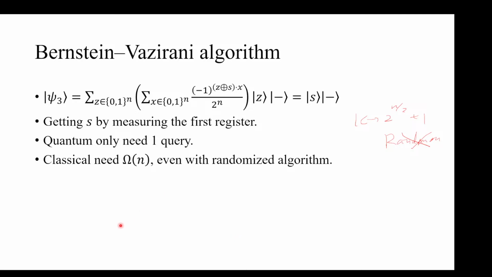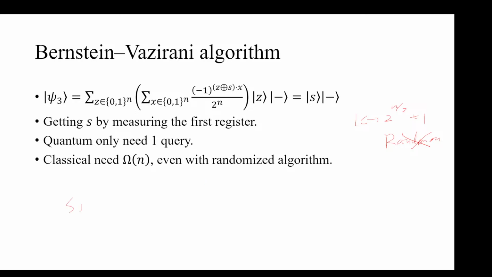And so for next time, a natural question is, can you have an exponential separation, something like 2 to the n, between a quantum algorithm and a randomized classical algorithm? That will be Simon's algorithm.